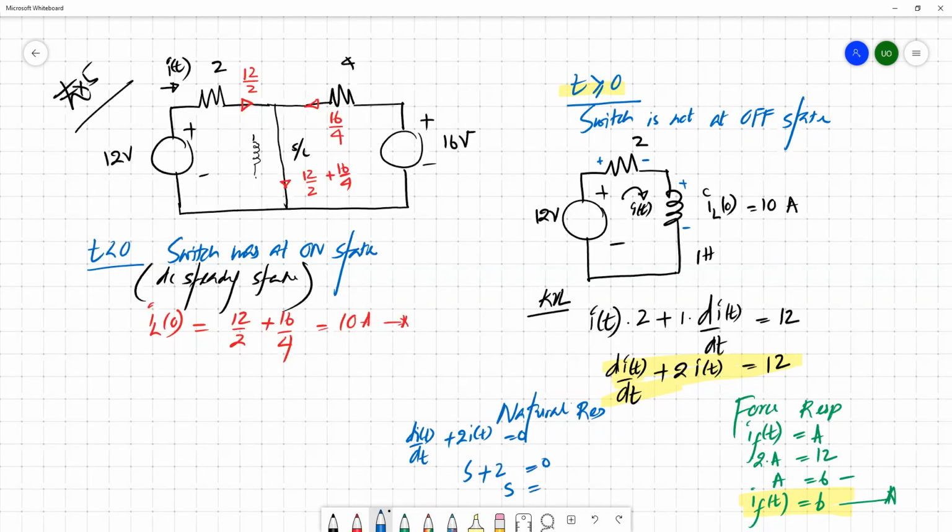Once you solve it, s equals minus 2. So the natural response i_N(t) equals k, which is an unknown constant, times e to the power minus 2t.